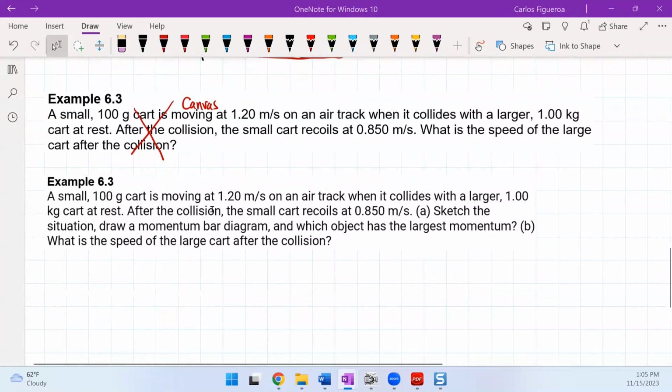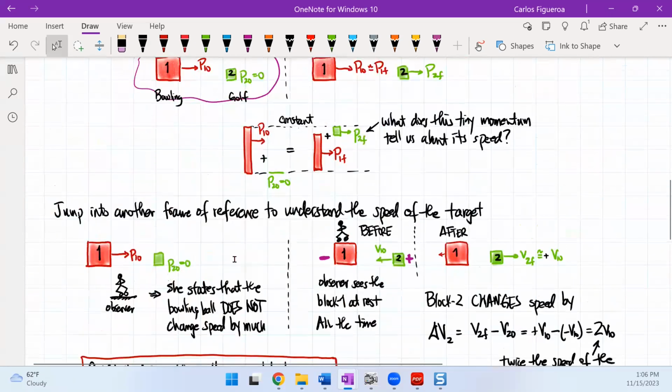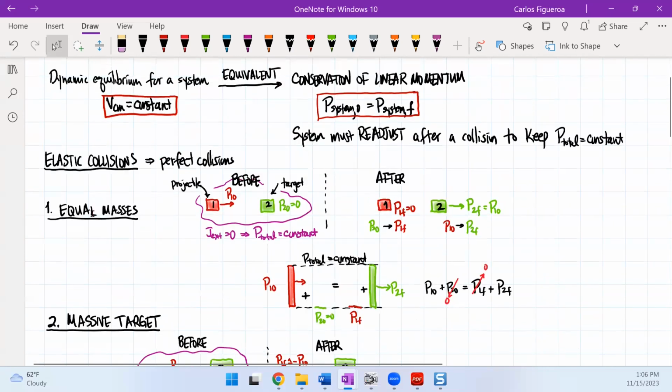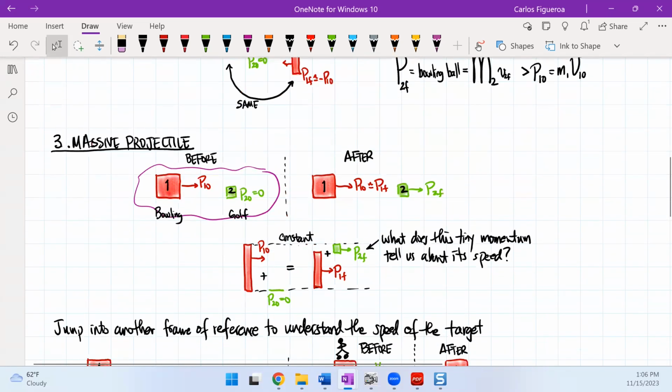So what we want to do is that if we're talking about an elastic collision, the first thing you gotta ask yourself is, is it equal masses? Is it a massive target? Or is it a massive projectile? So you gotta figure out which situation it is.